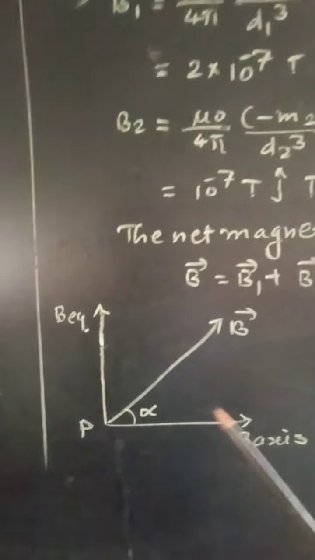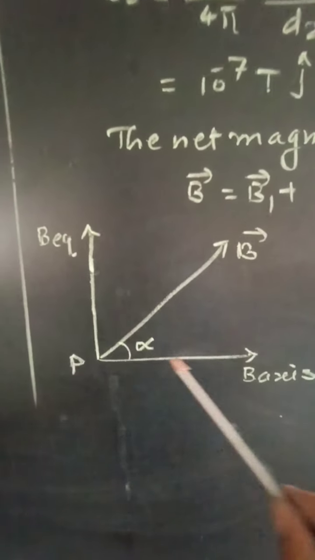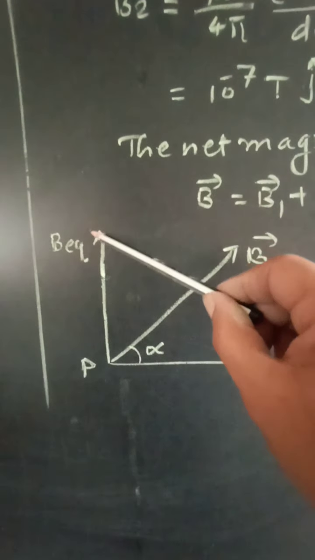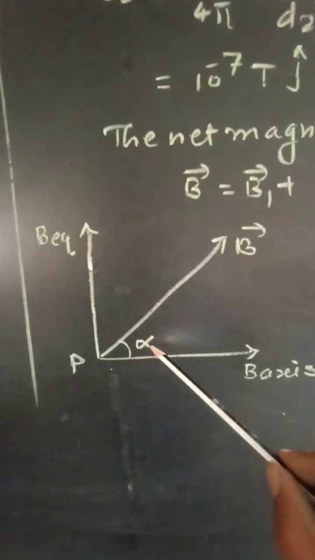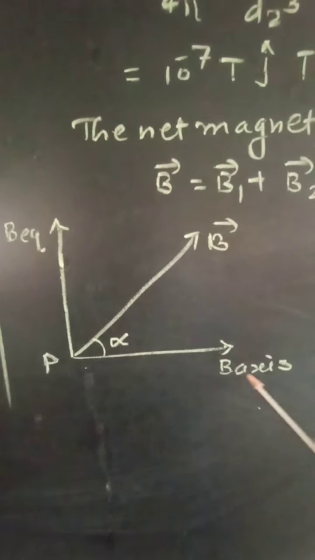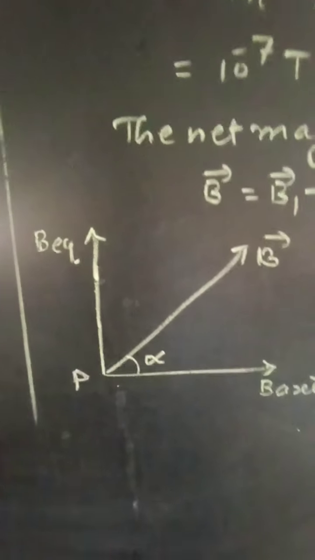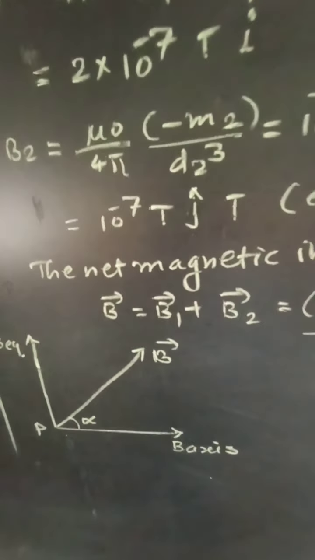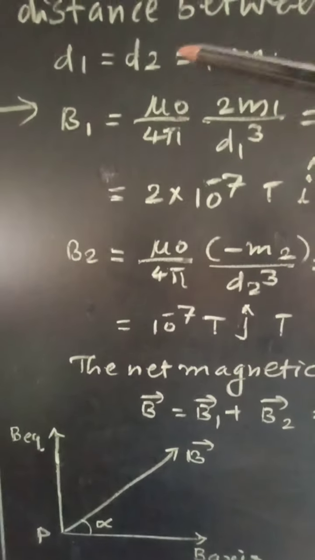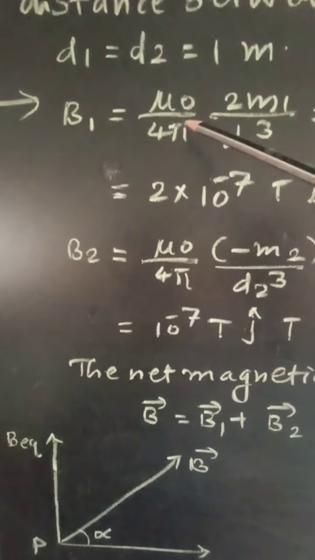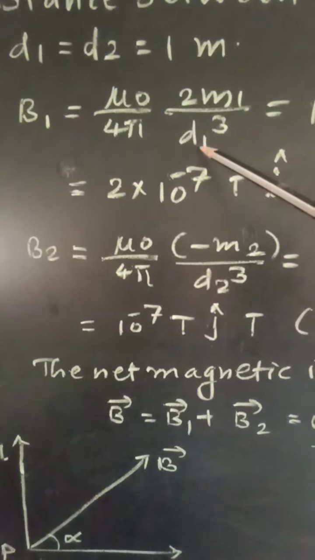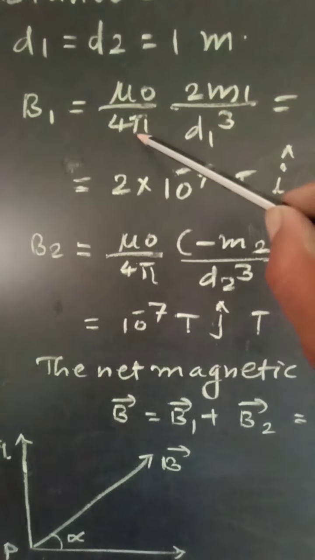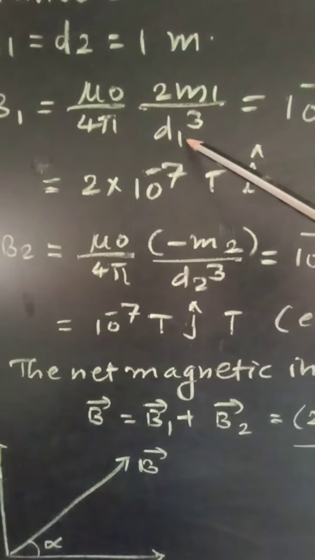Now if you consider the diagram, this will represent B axis, this will be B equator, then the resultant will be equal to B, making an angle alpha with the B axis. Now the axial magnetic field B1 will be equal to mu 0 upon 4 pi into 2 m1 upon d1 cube.